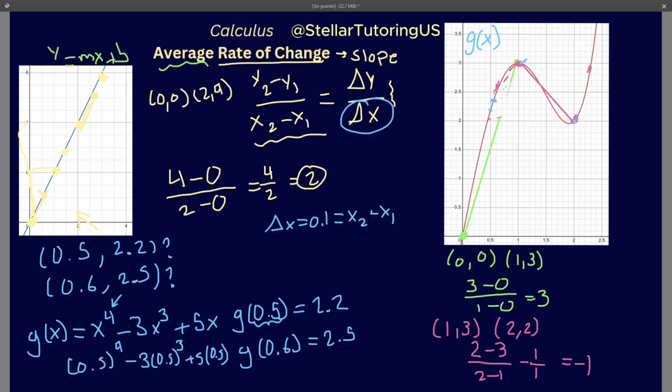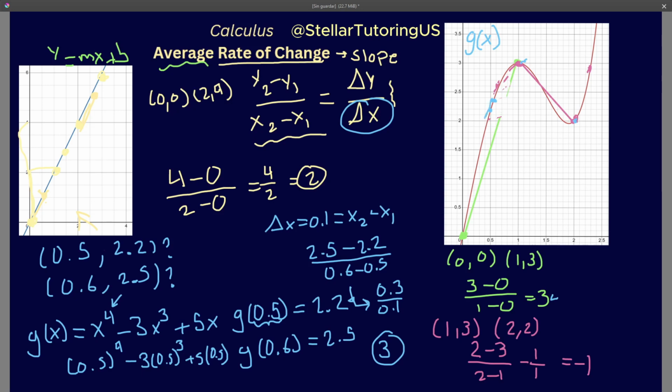Our change in y is going to be y2 minus y1 over x2 minus x1. And we'll do this down here. It's going to be 0.3 over 0.1, which ends up equaling 3. So again, it happens to be the same as this 3, but that's just a coincidence. But we see it's approaching.